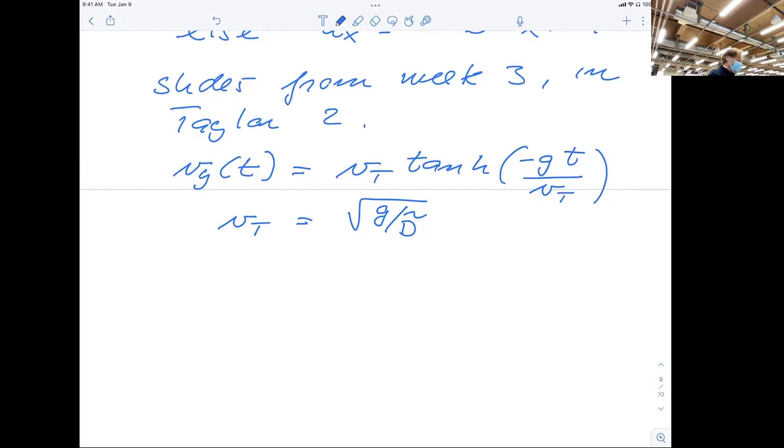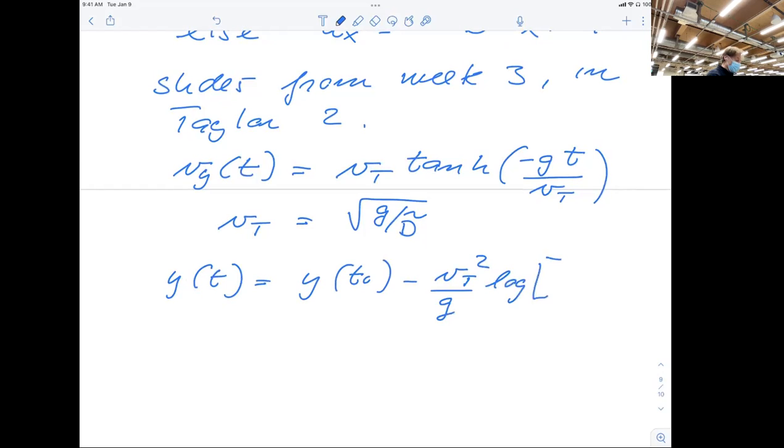Then you can also find the final position, and this is the one we are going to compare our numerics with. So we have a vt squared divided by g. It gets a little bit ugly, an ugly expression here.